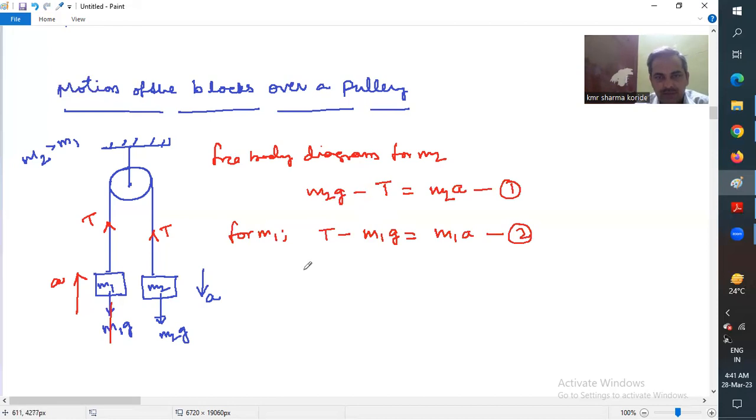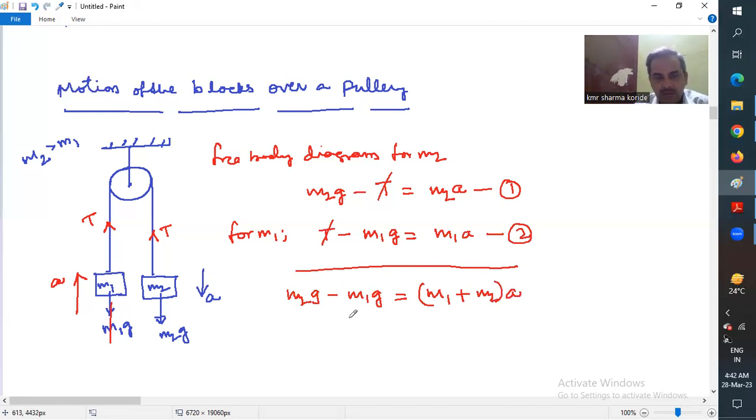Solving these two, this is tension with negative, tension with positive, so you can cancel these two. Now you can write m2g minus m1g is equal to m1a and m2a added, that is m1 plus m2 multiplied with a.